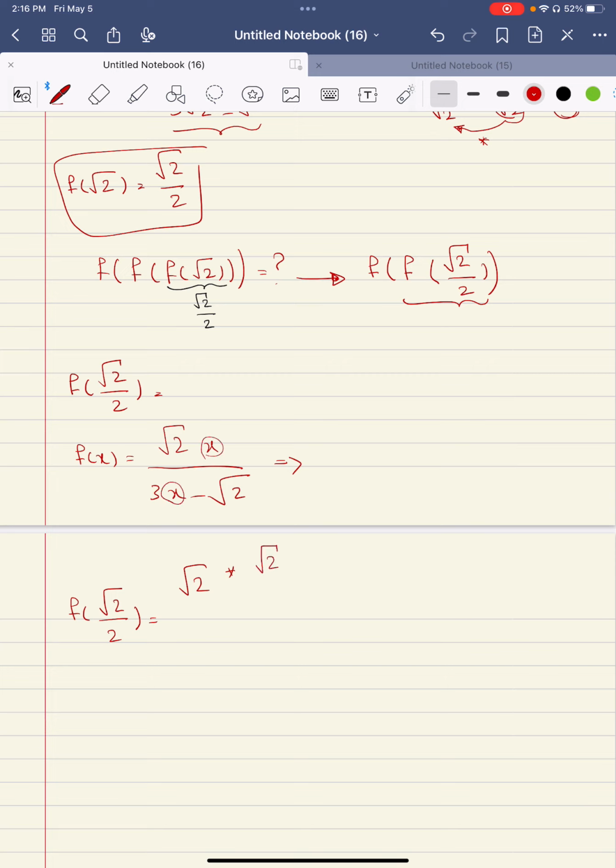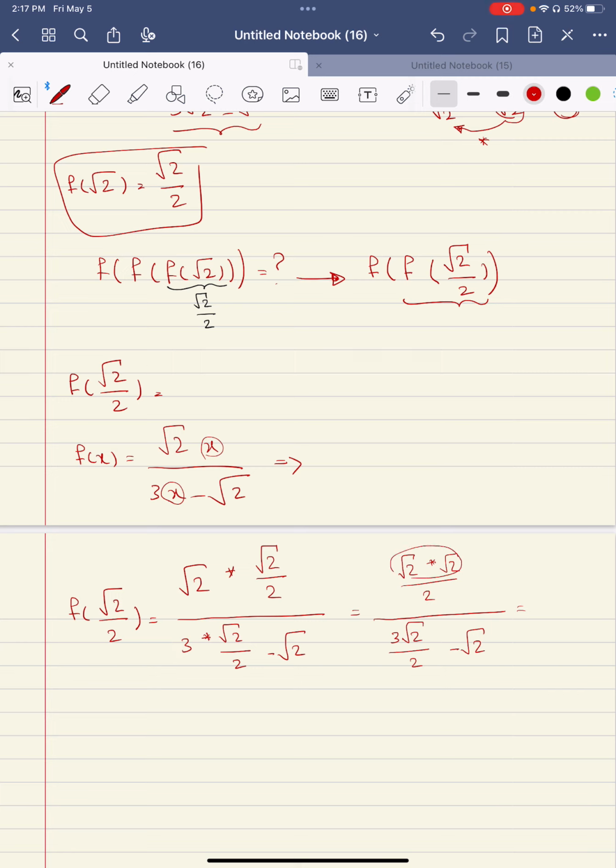So it will be root 2 over 2 on top, and 3 times root 2 over 2 minus root 2. So the numerator would be root 2 times root 2 over 2, over the denominator, which would be 3 times root 2 over 2 minus root 2.